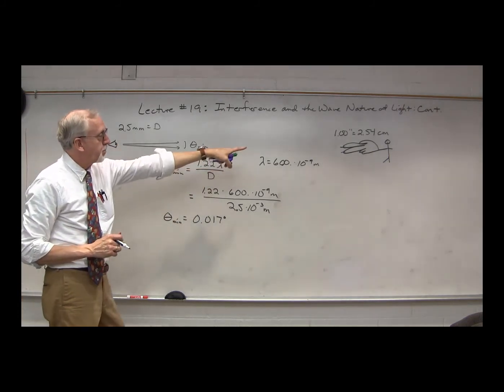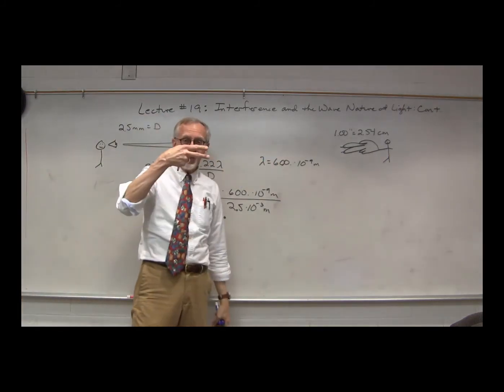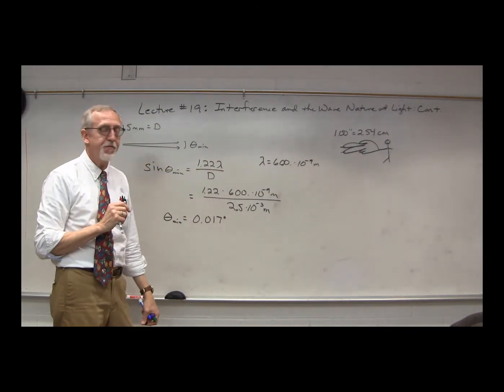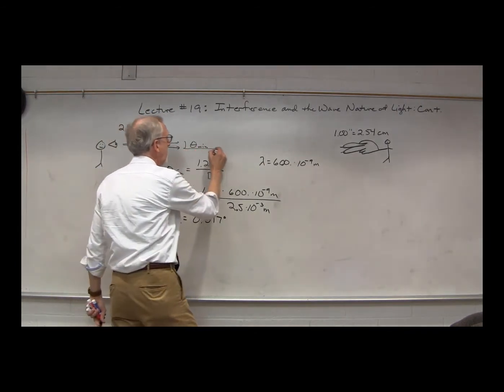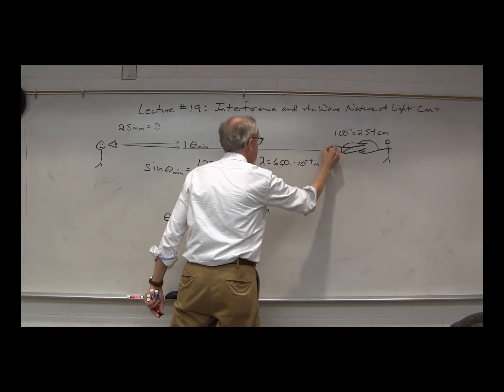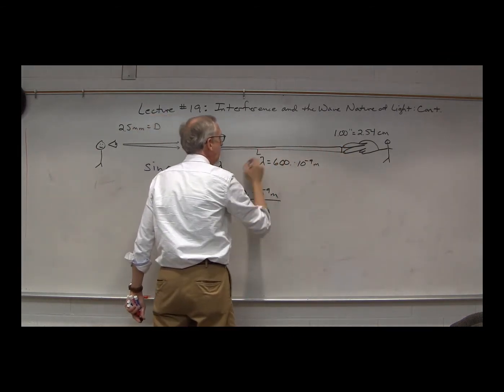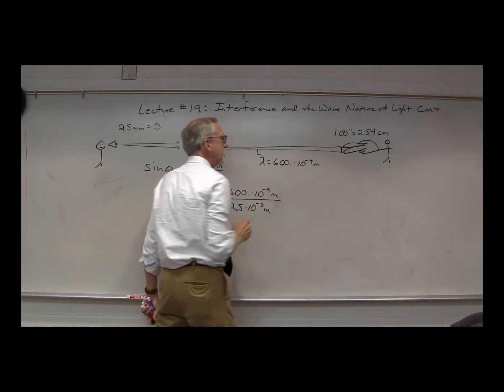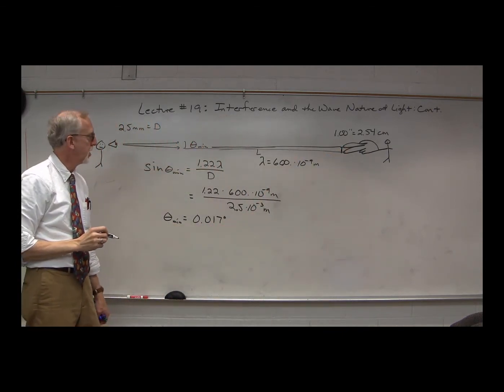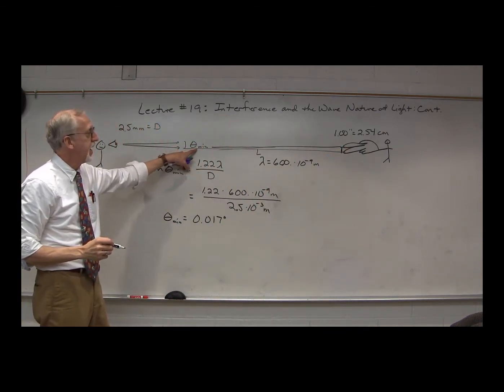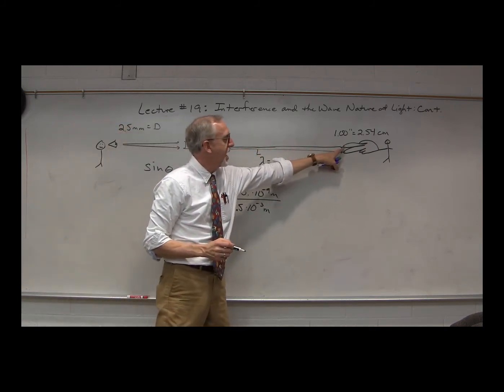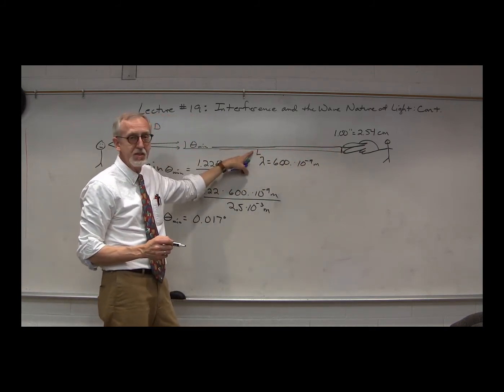Now, if that person, your friend, if the object is 2.54 centimeters apart, well, we have a triangle here. And we're looking for this distance L. If this distance over here is 2.54 centimeters, we have the tangent of theta is equal to the opposite over adjacent.